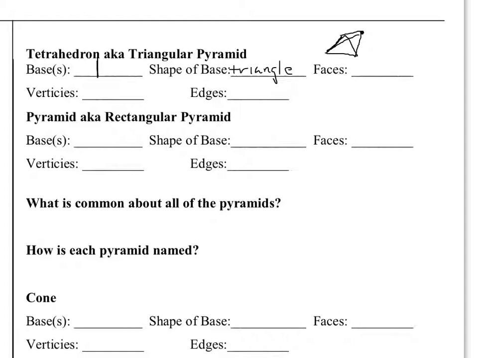Feel free to pick up the one in front of you and count. Count again. 1 on the bottom, 2, 3, and 4 coming around. There are only 4 faces on this shape.